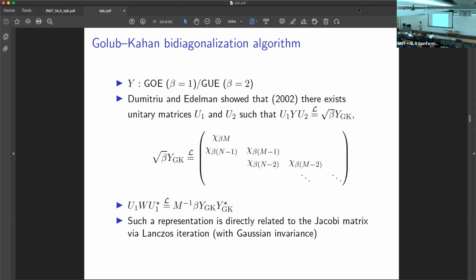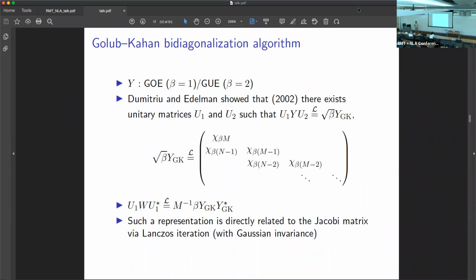Then based on that, you can just multiply these U1, U2 matrices. You can see in the very end, the study of this W matrix reduces to a very nice tridiagonal matrix. All the entries' distributions are known, and for each y_jk, the entries are independent, so you can just do it.